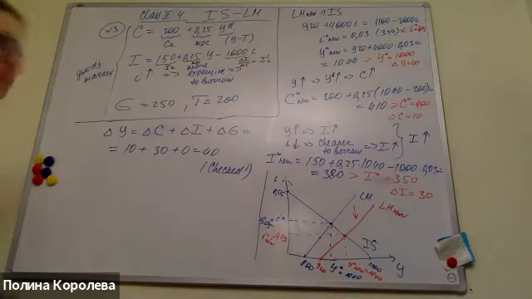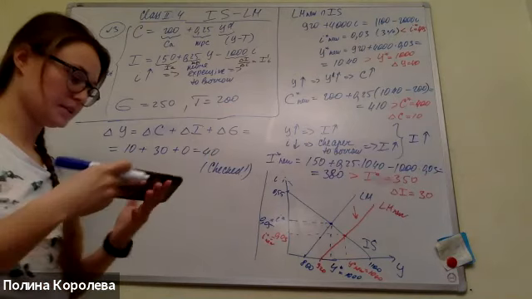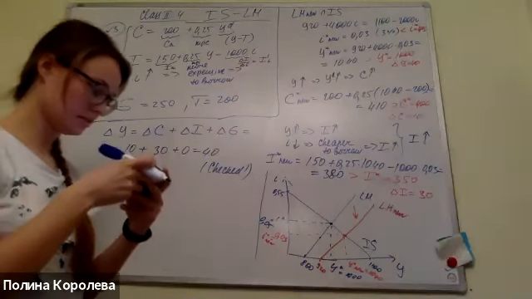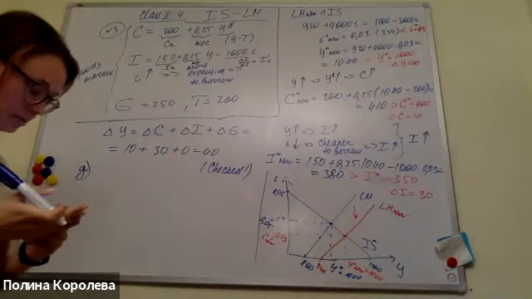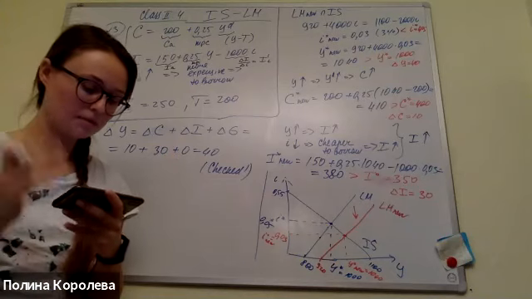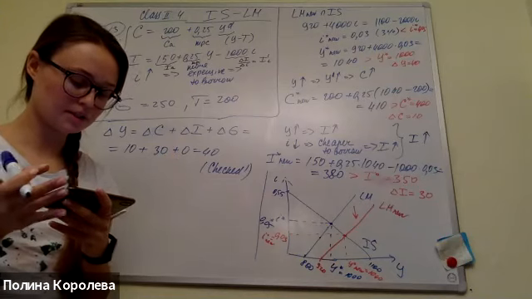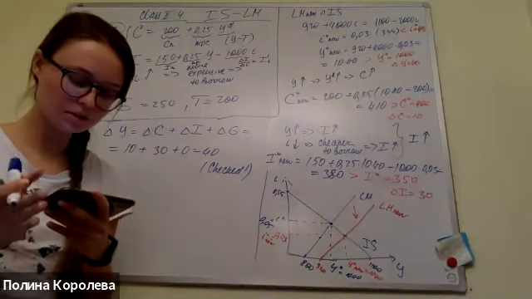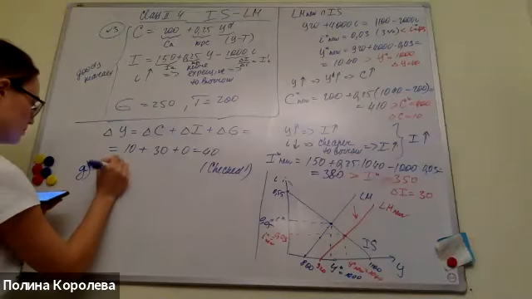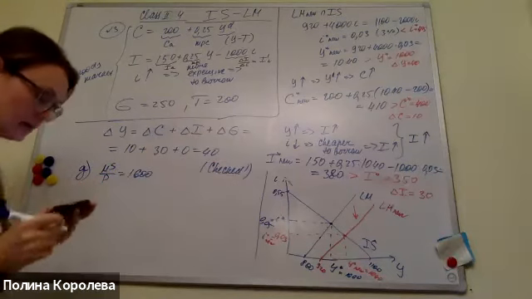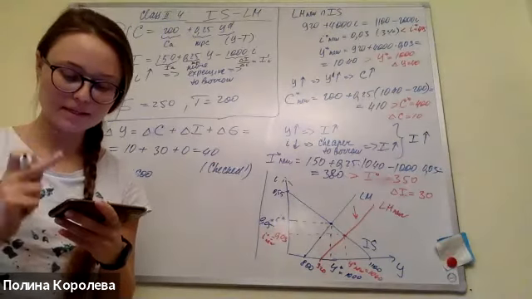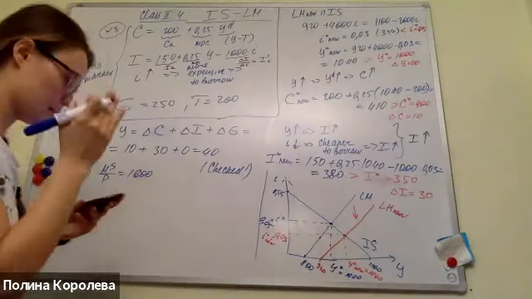Next we have another policy, A, B, C, D, F, J. In point J, set money supply to the initial level. Yes, money supply is the same as before, 1,600 as in point A. Now suppose that government spending increases to 400.